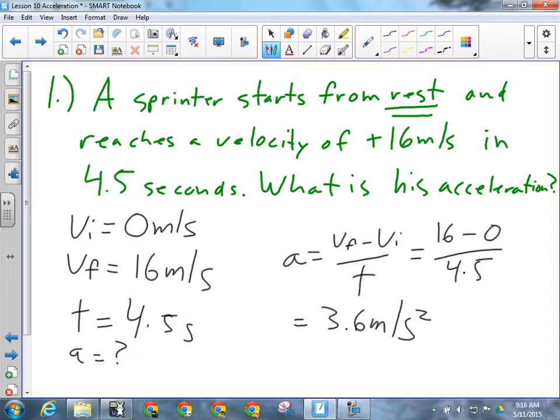Is acceleration a vector quantity? It is. Acceleration is a vector quantity. So I should probably indicate that since the velocity here got bigger, this acceleration is positive. Questions on that one?